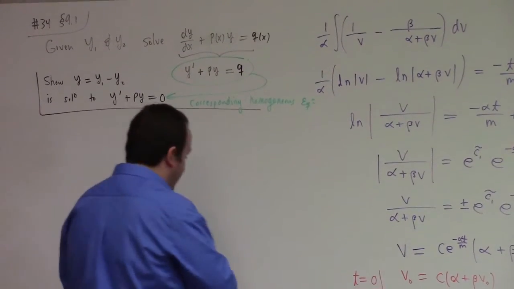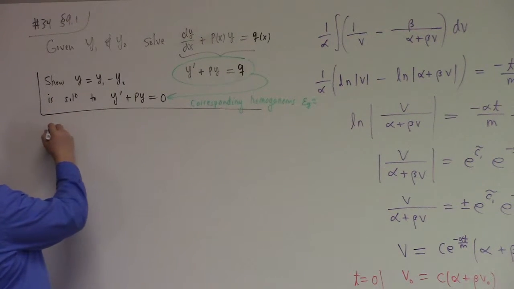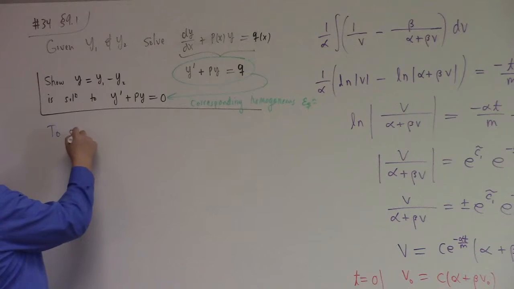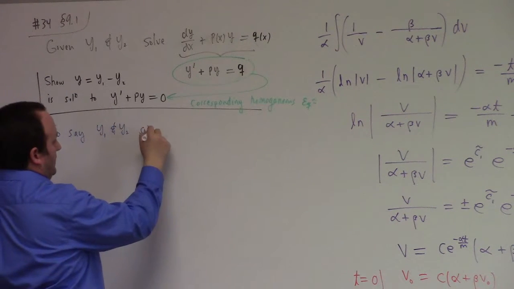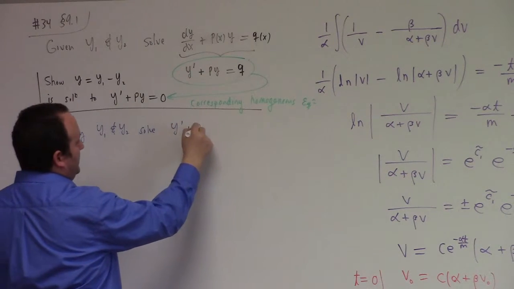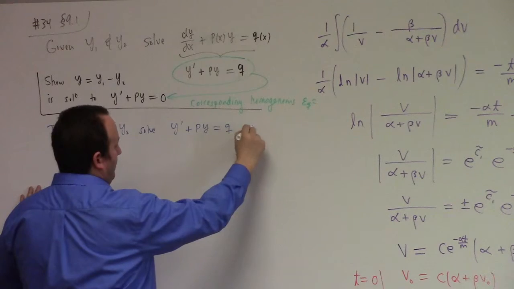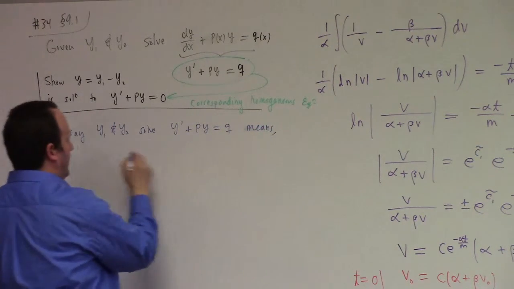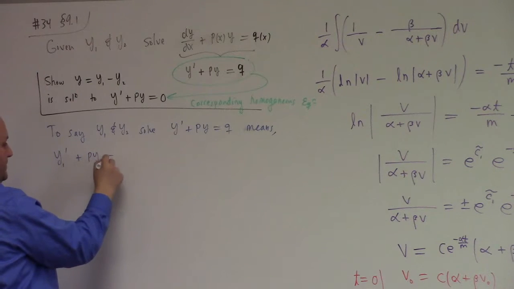Goodness gracious, if I write much down here, I've solved the problem. So I will just get us started. We're given that y1 and y2 solve y prime plus py equals q, which means what? y1 prime plus py1 equals to what?